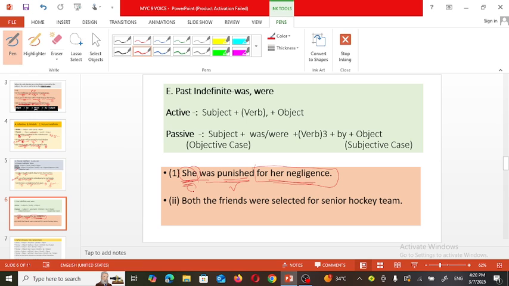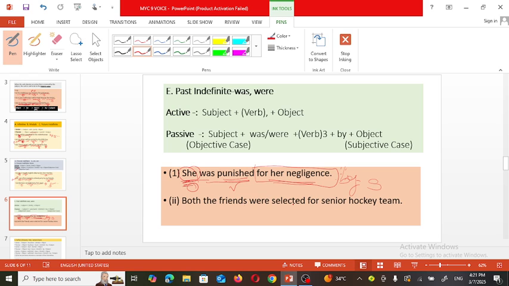She. So the object has come first, and by whom? That is missing here. Maybe by the teacher or parents. So, she was punished for her negligence by the teacher or by the parents. So the subjective case is missing here.